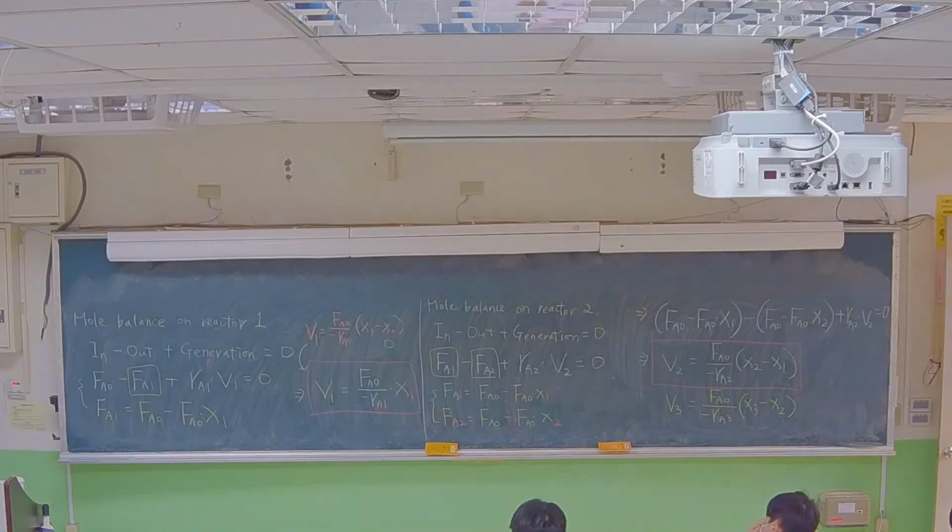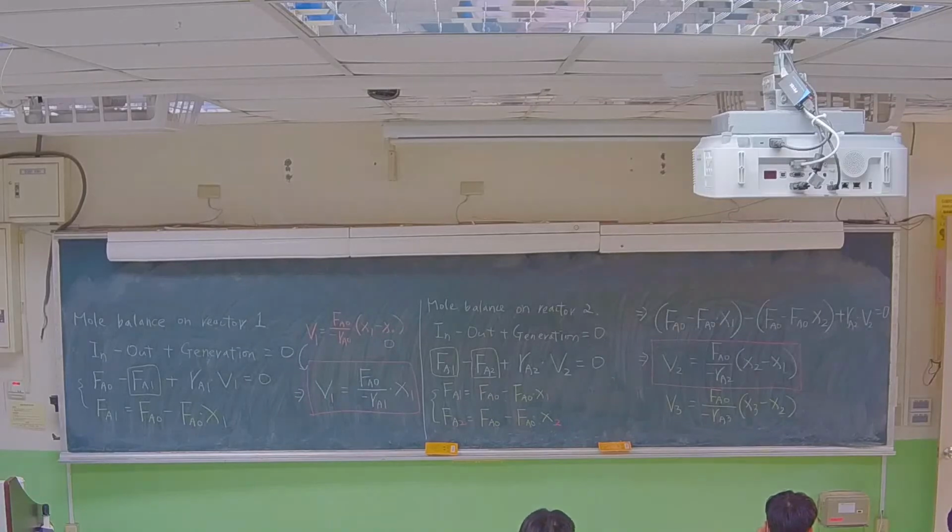So if the reactor volume is important for you, if your space is not very large, your money is not very much, in that situation, you want to have a smaller reactor. So after calculation, you decide to use PFR. Okay, so now let's see the CSTR in series.